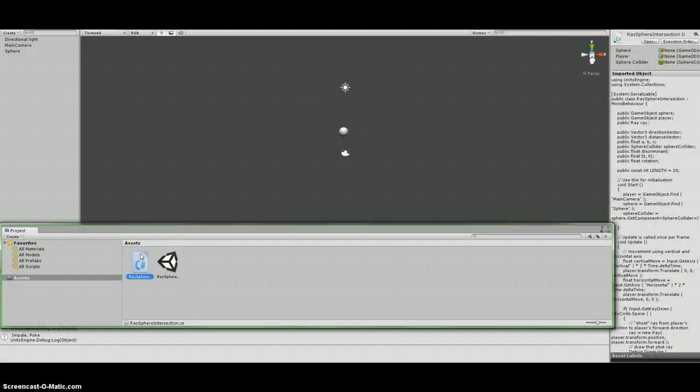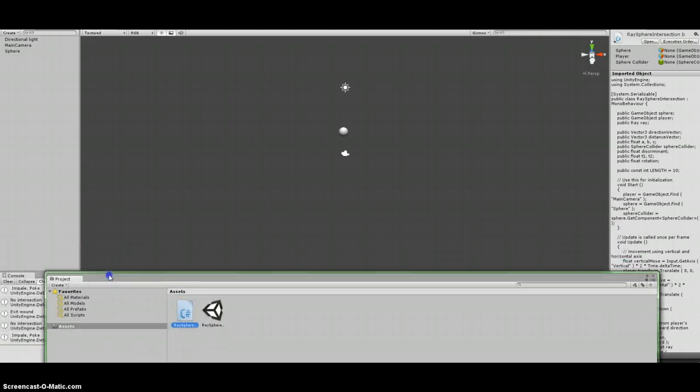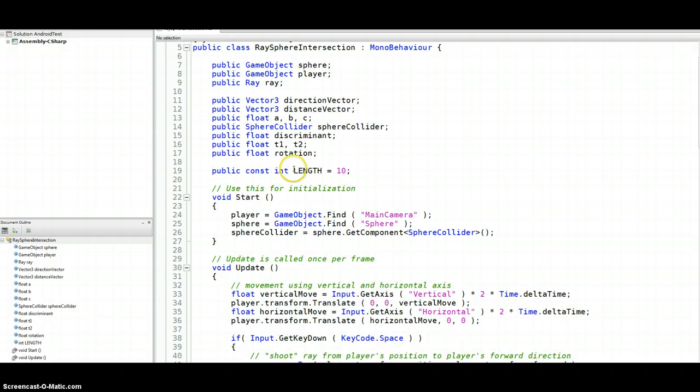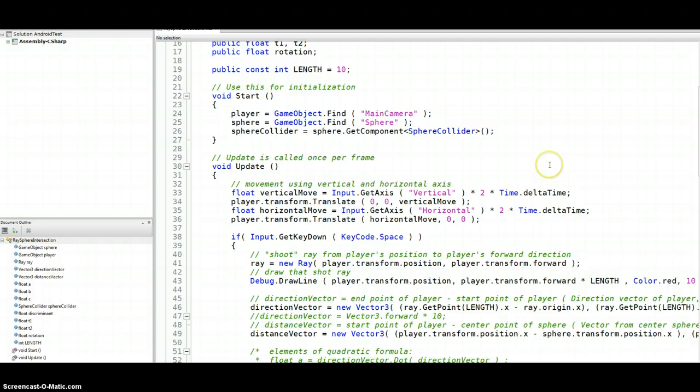It is implemented in the same manner as in that algorithm. So we have all the variables, and I have set the ray length to 10. It needs a length, so I think it's not a ray in that sense, but a line segment may be a more accurate term for that.